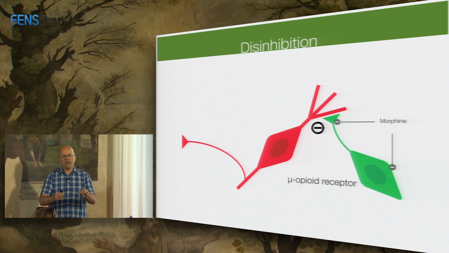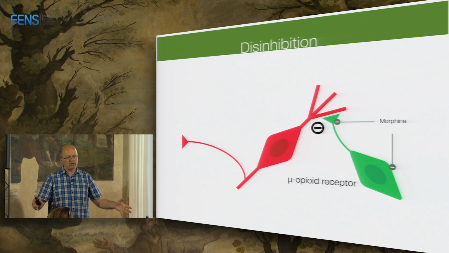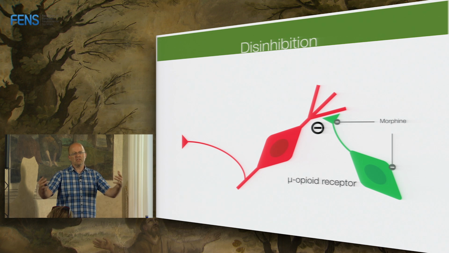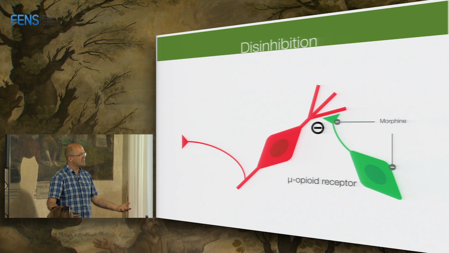Certainly, if you look very carefully, you find one or two dopamine neurons that express mu receptors, but even that could not be the explanation, because these mu receptors coupling to Gi/o would inhibit these neurons. So somehow it didn't work.